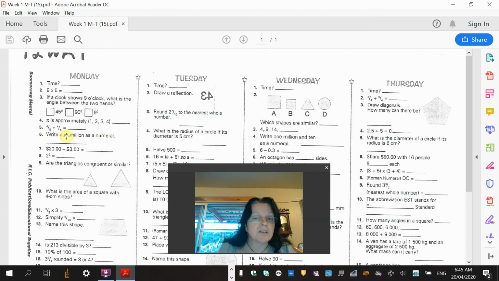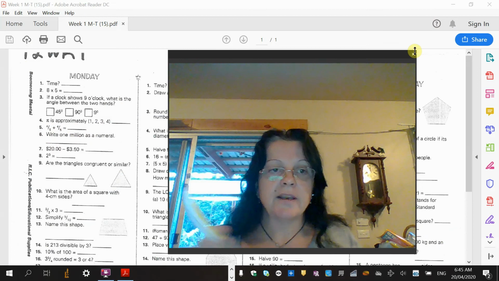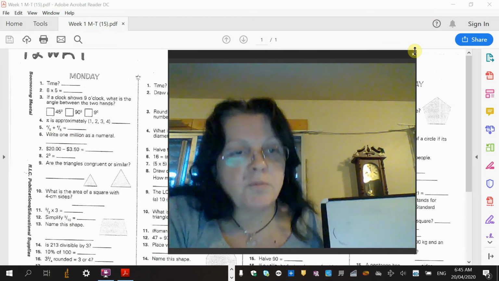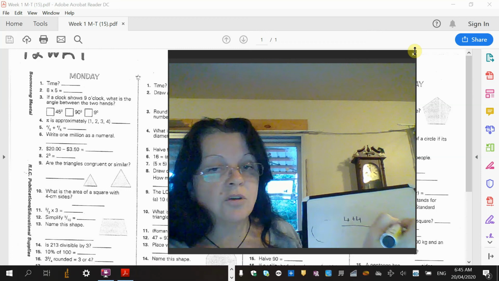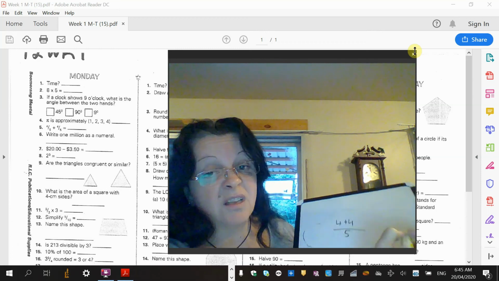Okay, so adding fractions now. When we add, we don't change the bottom denominator. We add the top ones and we put it over, and then we adjust the fractions as we need to. A really good way to remember this is that if we write it up, and this fraction is 4/5 plus 4/5, we can do this. It's got the same denominator, so we can just put it underneath.